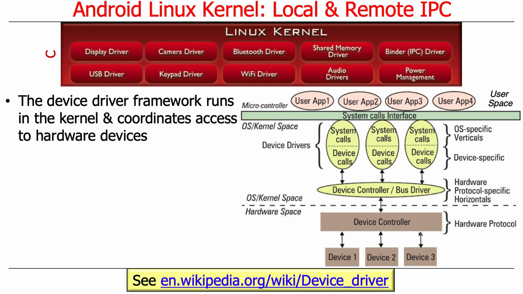Underneath the covers, the way this all is implemented in the operating system is with something called the device driver framework. Linux, Unix, Windows, everybody has a device driver framework, which is basically a way of plugging in code to handle various hardware devices. So you'll have hardware devices, things like network interfaces or flash memory controllers, things that actually talk physically to the hardware, and that's in the hardware space.